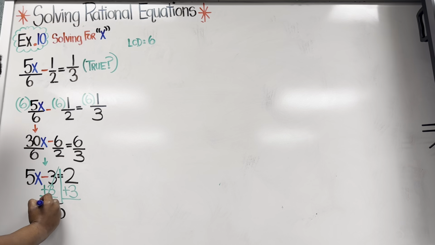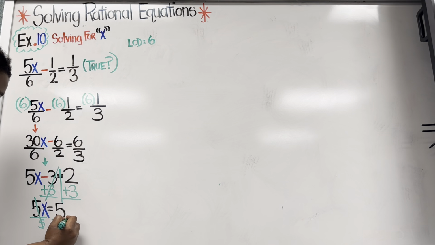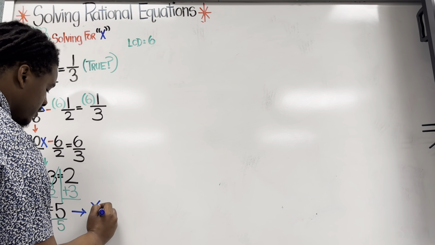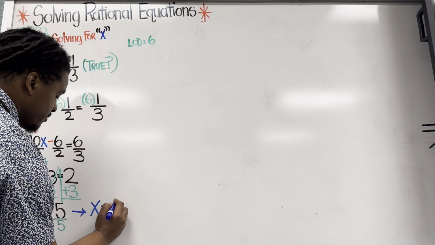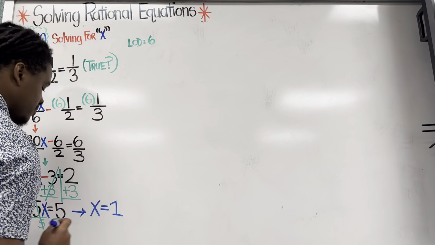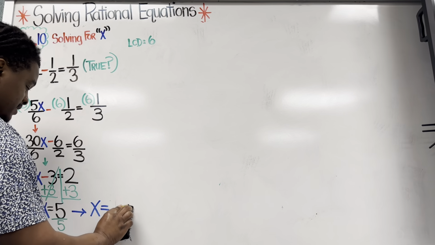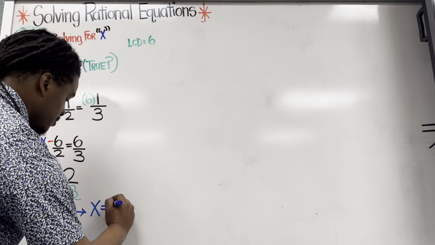If 5x equals 5, if we divide by the coefficient, which is 5, then we know that x is going to equal 1.